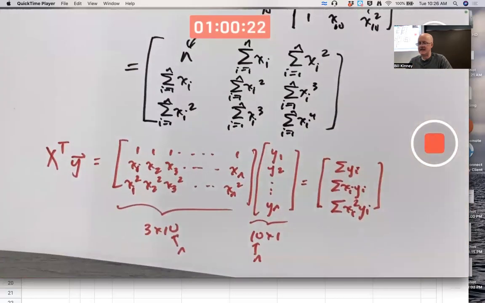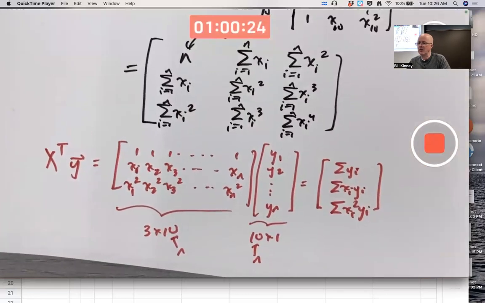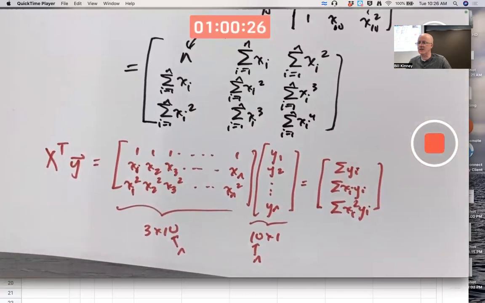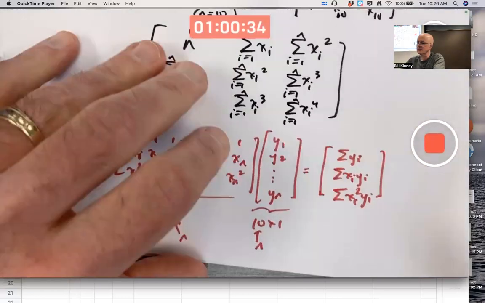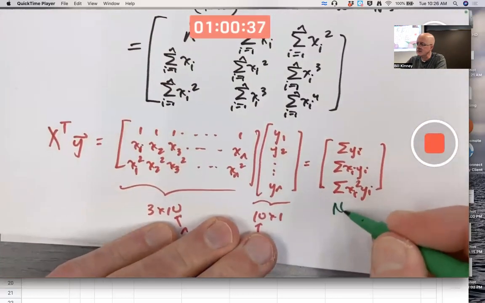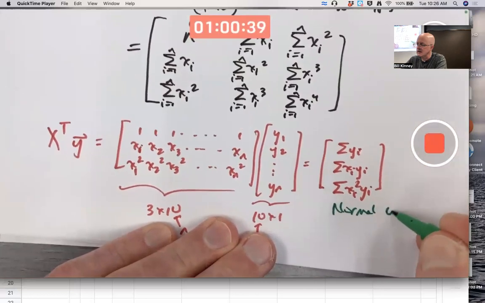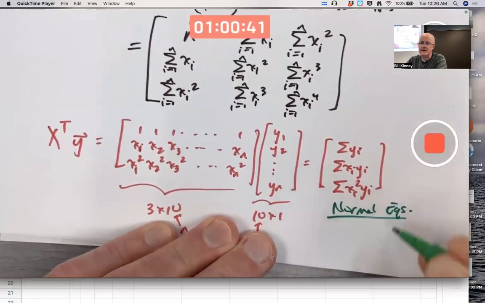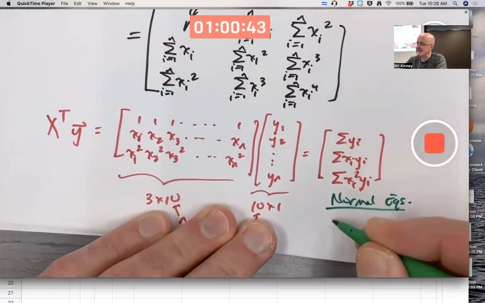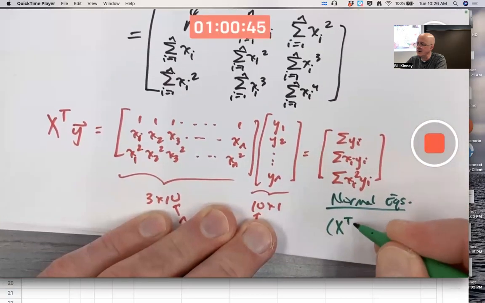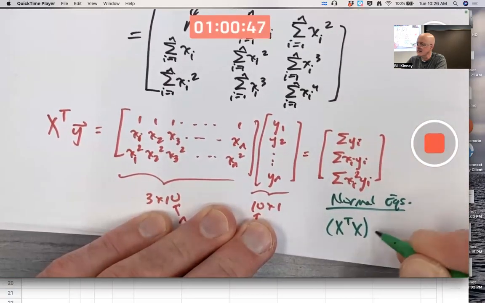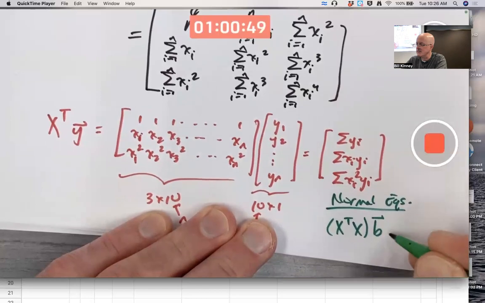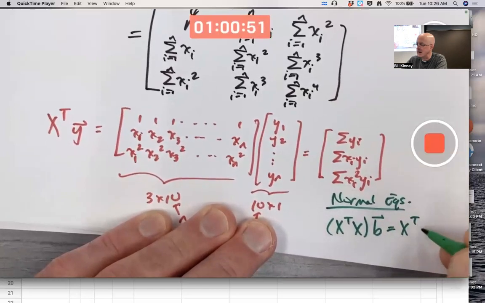So what all this means is the normal equations, once you write down the design matrix, can be written in a much more easy to remember form. The normal equations can be written as x transpose times x times the unknown b vector equals x transpose times y.